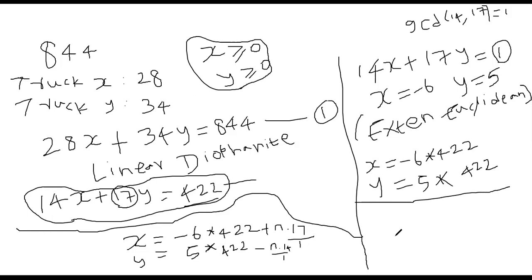What it means is that n times 17 must be greater than 2532, since 6 times 422 is 2532. So n had better be greater than, when I divide it, 148 point something. Since n is an integer, n must be greater than or equal to 149. This comes from x being greater than or equal to 0.